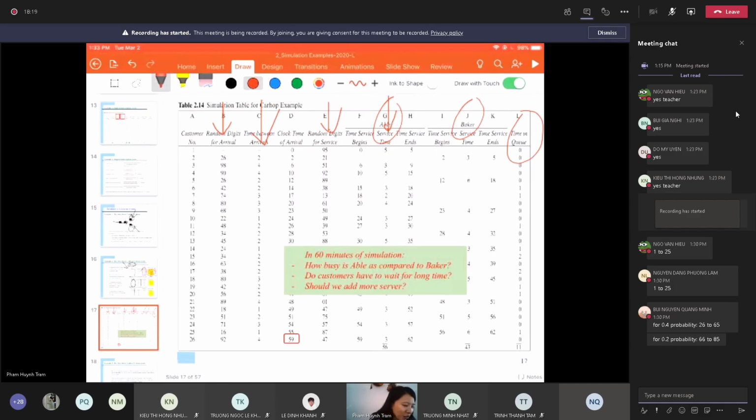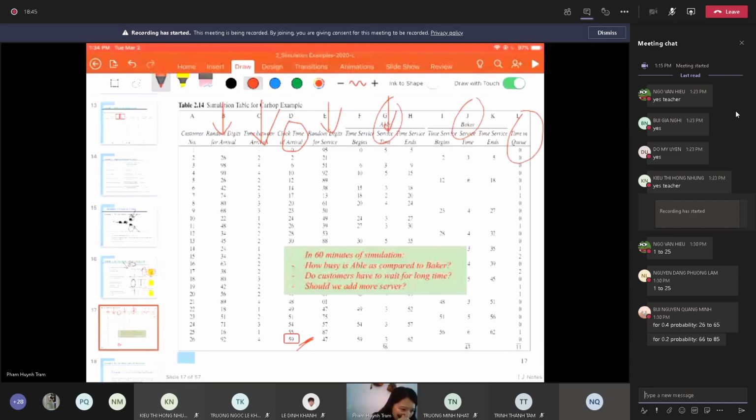In this example, we choose to simulate for 60 minutes by observing the simulation clock. We will take note of the time each customer arrives, and we will stop around minute 60 or 59, because sometimes we cannot get exactly 60.